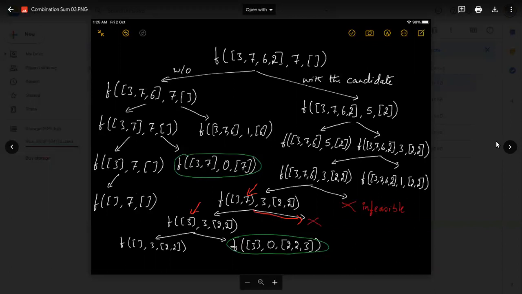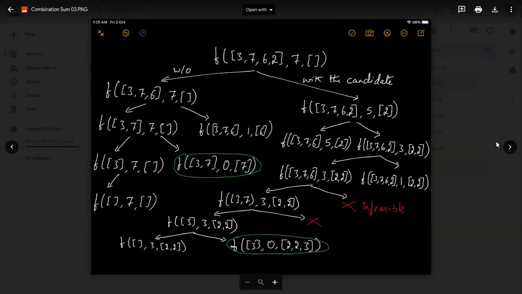Now look at this right path where I can include this one and the target reduces to 0. And we now have a combination which is 2, 2 and 3. Because it reduced to 0, that's a valid combination we want to consider. So the result is going to have this one and this one. And if you go in any other path, we can realize algorithmically that none of them are going to add up to the target we are looking for.